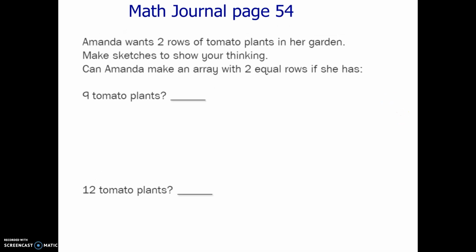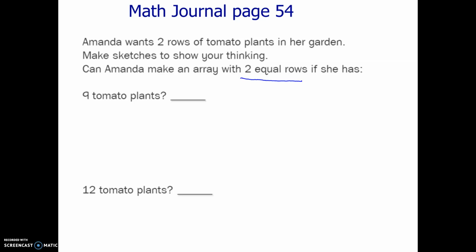Okay, now that you've had some time to use your counters or sketch out a picture, let's see what we can come up with. Can Amanda make an array with 2 equal rows if she has 9 tomato plants? Now, 2 equal rows is very important. That's telling me that I have to have the exact same number in each row.